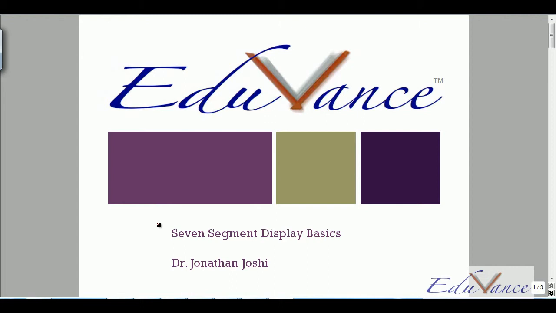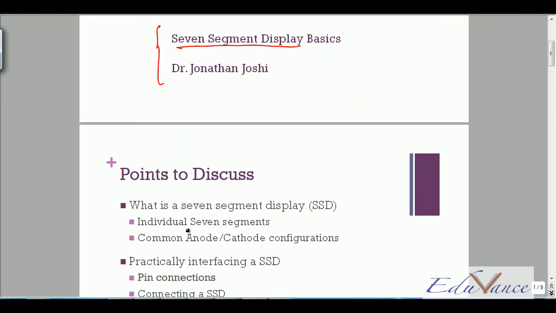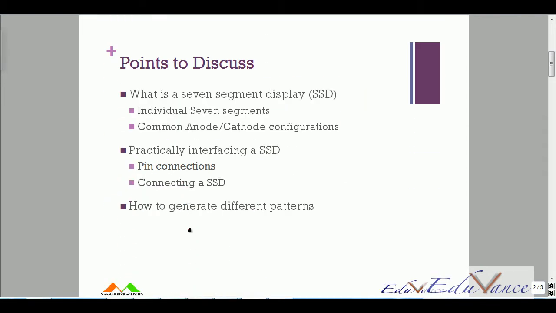In this lecture we will try and understand the basics with regards to a 7-segment display. As part of this lecture I will first speak about what a 7-segment display is, what are the individual 7 segments, then we will discuss the concept of a common anode and common cathode.